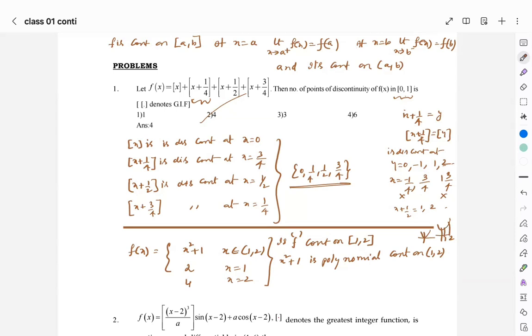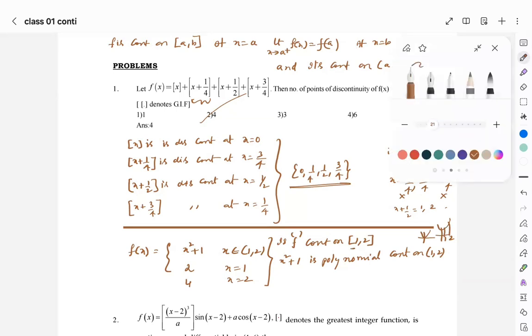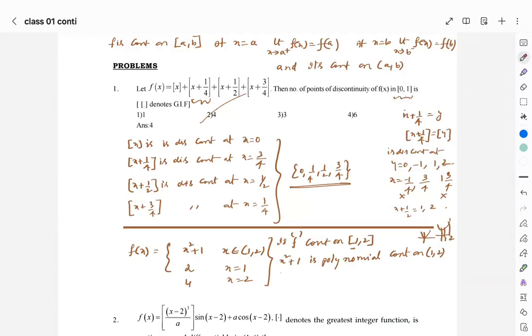To check continuity at 1, I have to take only the right limit, limit of f of x as x goes to 1 plus. The function is defined as this, and it is equal to the function value.